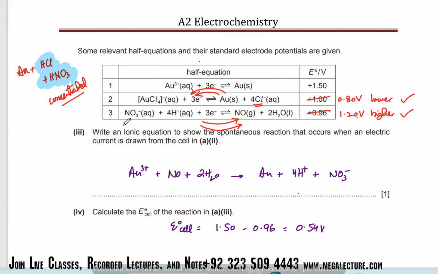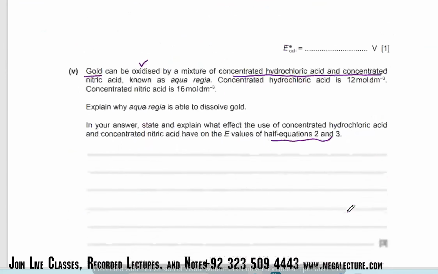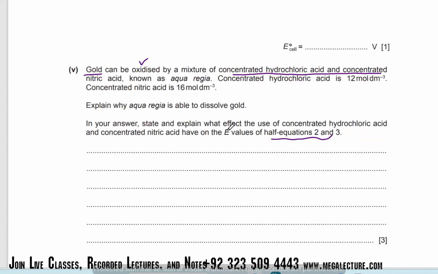And concentrated nitric acid will shift equilibrium number 3 further to the right and its potential will increase. And hence your E0 cell, yani reduction minus oxidation, will come out to be positive. ठीक है, तो उसने वही कहा था कि अफेक्ट बताओ और E values पे क्या अफेक्ट होगा and explain why it's dissolving.